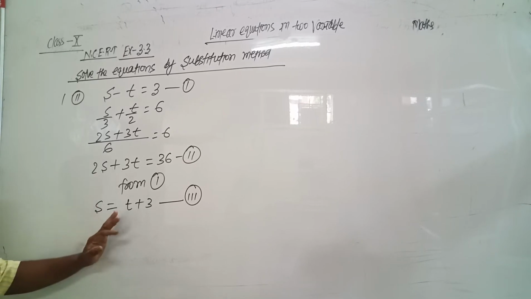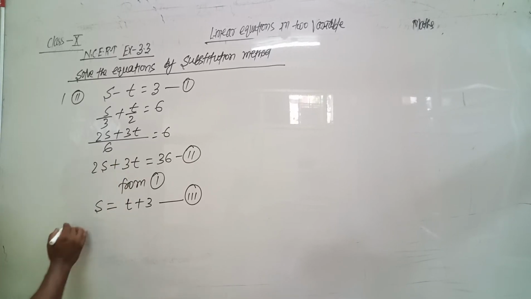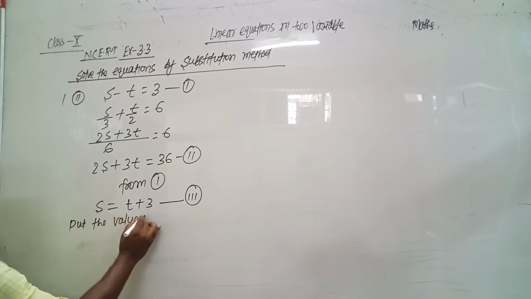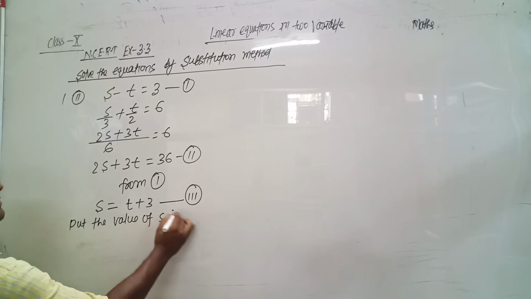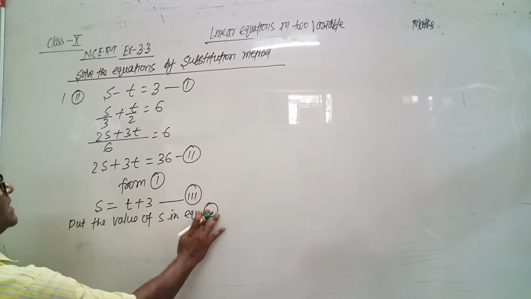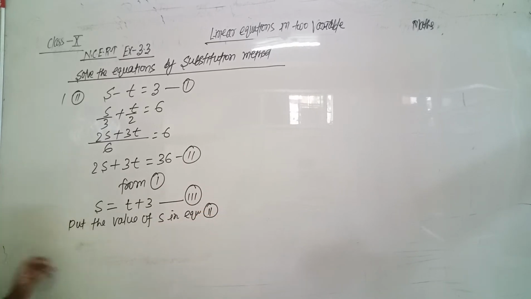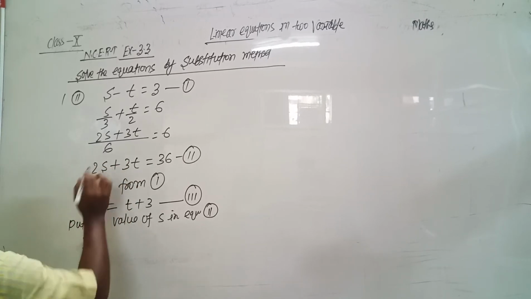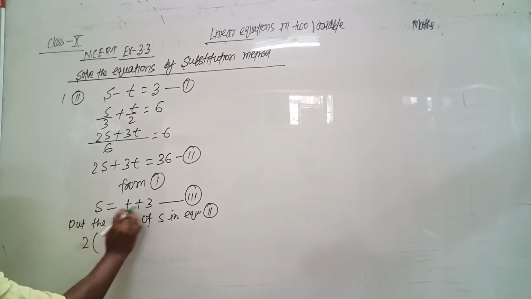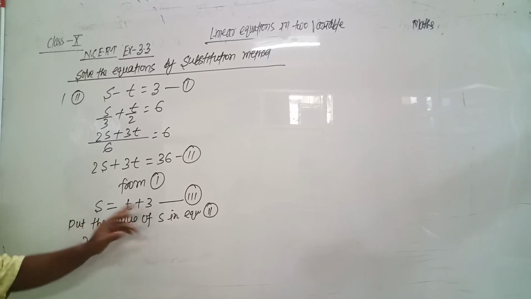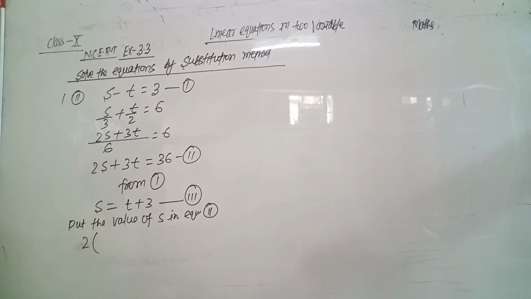Now put the value of s in the second equation. From the third equation, we put the value of s, t plus 3, in equation second.